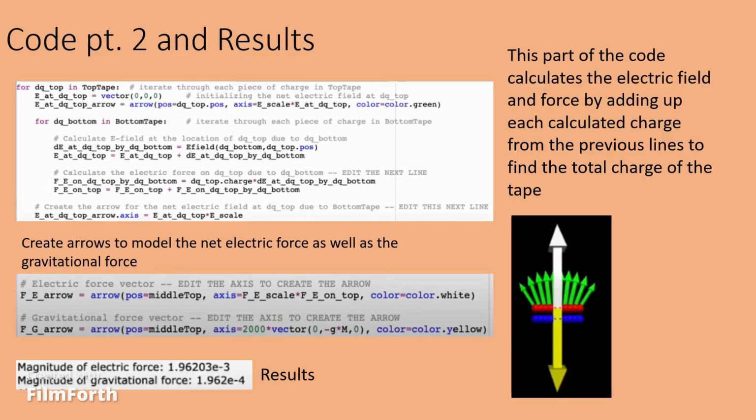We create arrows to calculate the net electric force as well as the gravitational force. The white arrow is the net electric force, and the yellow arrow is the force of gravity affecting the tape. There we get the result of the magnitude of the electric force and the magnitude of the gravitational force. On the next slide, you'll see how they compare to previous results.